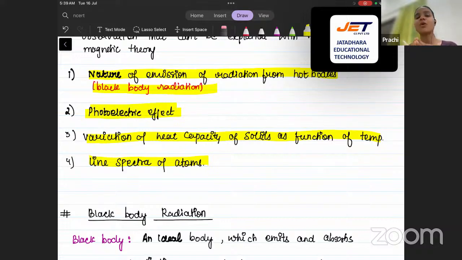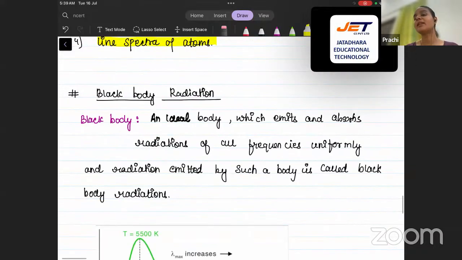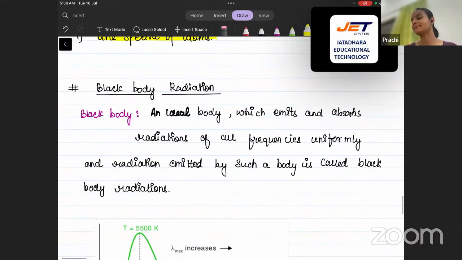So yes, if you want to begin with the black body radiation, then quickly type yes in the chat, and then we will learn about the black body radiation. Yes, what about others? So Gayatri is ready. What about Omkar, Bhavna? So we have Harika, Omkar, Bhavna, Rakshit.